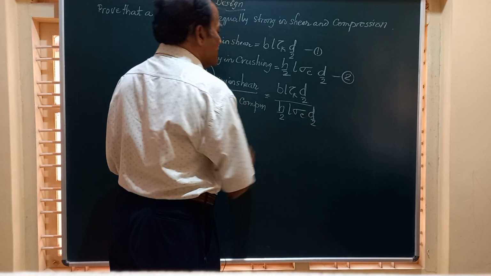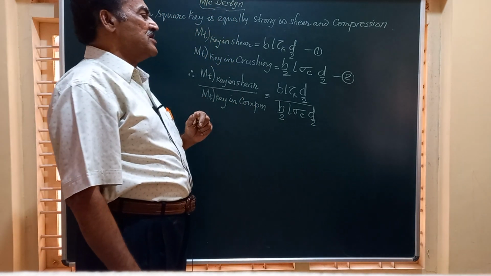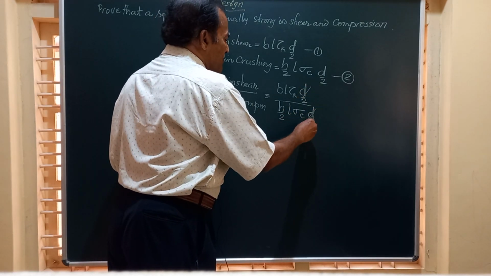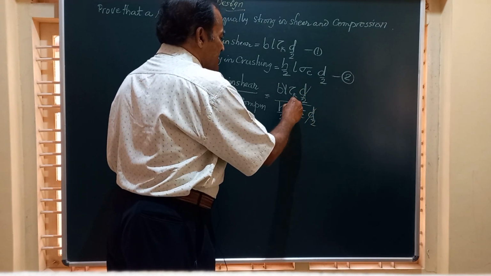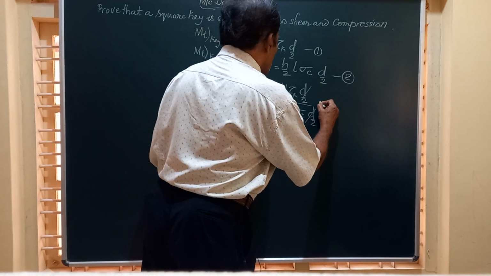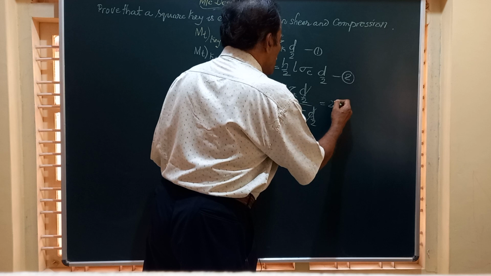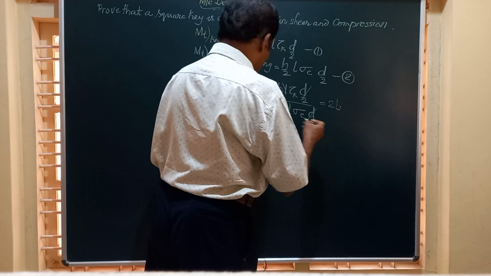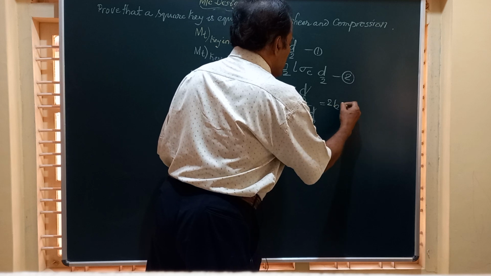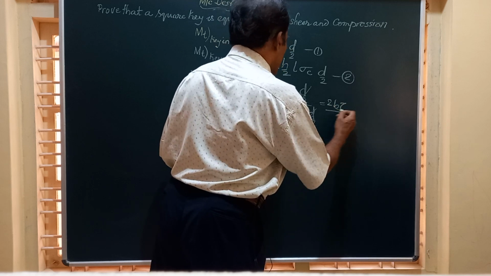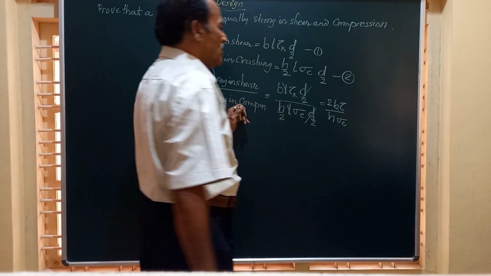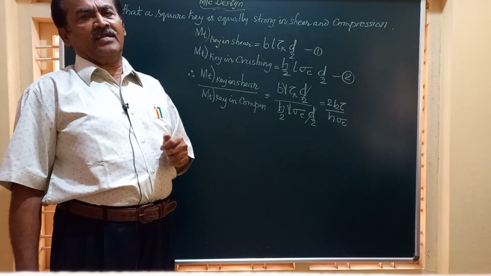These are the expressions we have got. And friends, let's cancel this D by 2 by this D by 2. L also gets cancelled and you are left with, friends, B goes to the numerator. It is 2 times B tau divided by h into sigma c. After simplification, you will get like this.